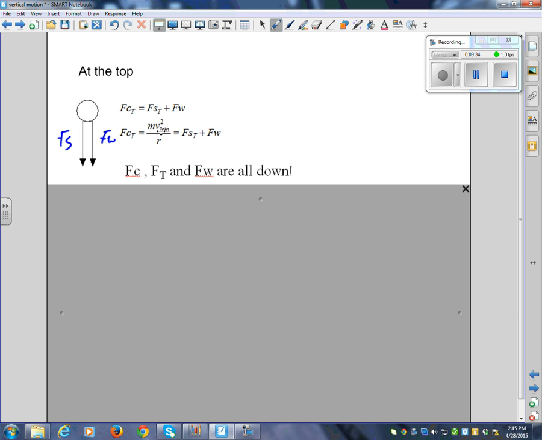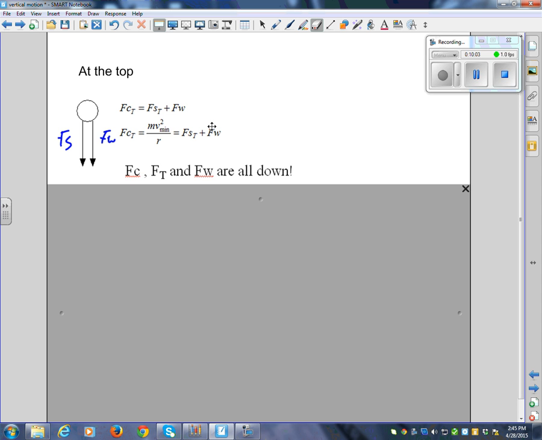The v is at a minimum. So I've got m v min squared all over r, and that's equal to the string force. All I did was take this and stick it in the middle there. I said that the centripetal force, mv squared over r, is equal to the string force plus the weight force. And FC, FT, and FW are all down.